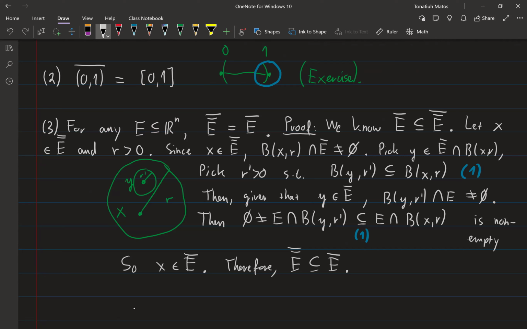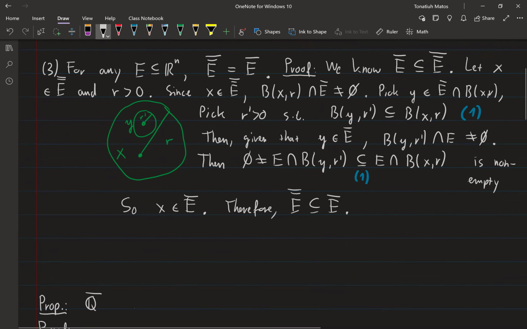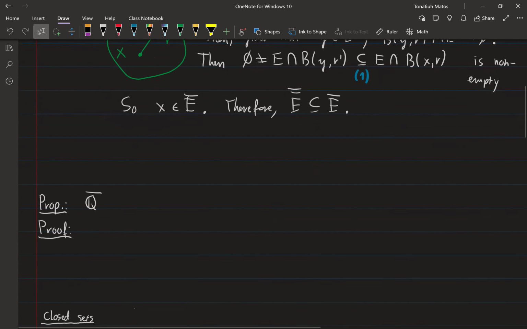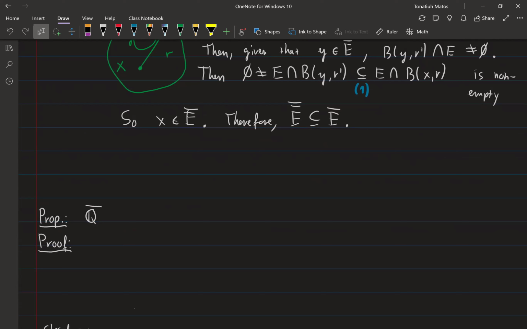So these two sets are always equal. Other than the fact that this has some important ideas and important proving techniques, there are some interesting consequences of the fact that the closure of the closure is just the closure. Also, this is I think one of the additional exercises in the problem set, so I just solved that for you. Let's do one more example, and I'll tell you what consequences this has.